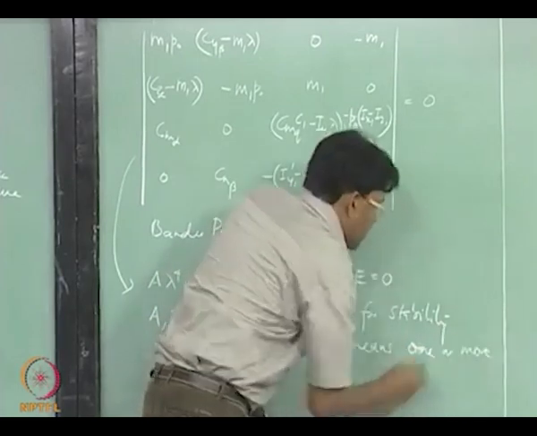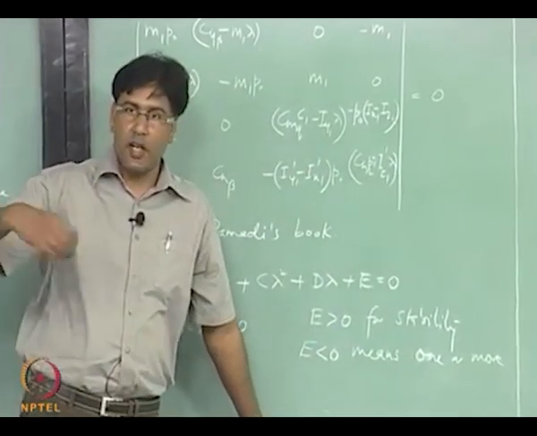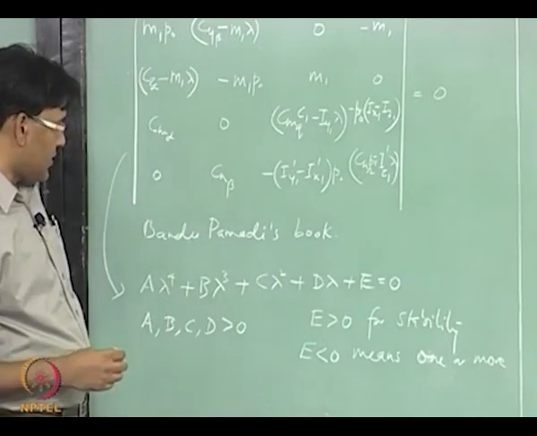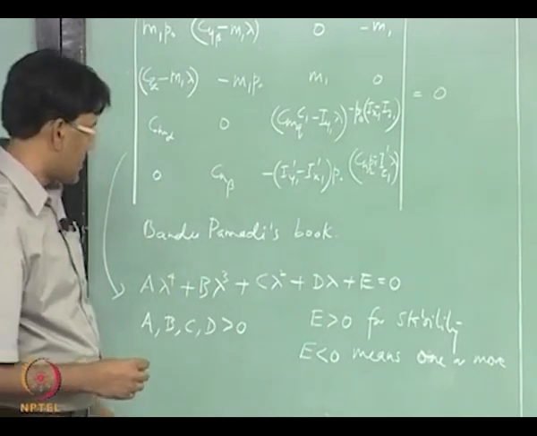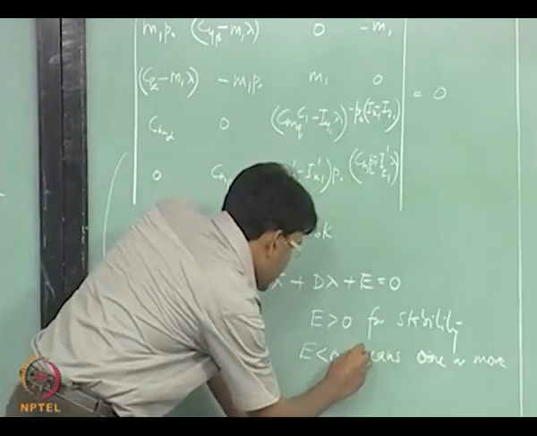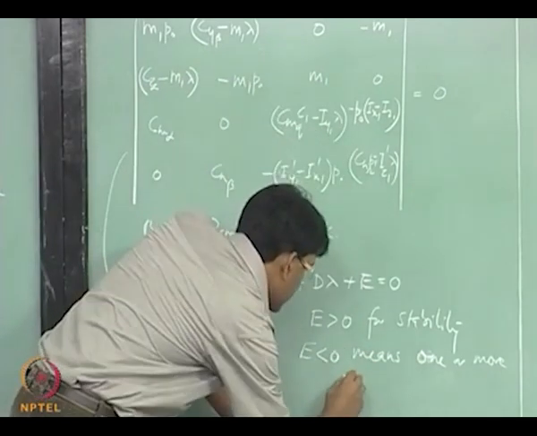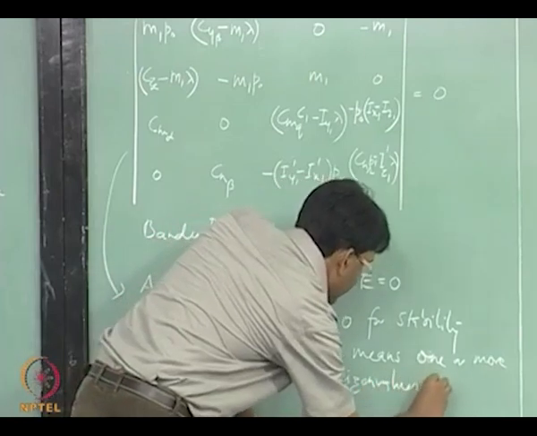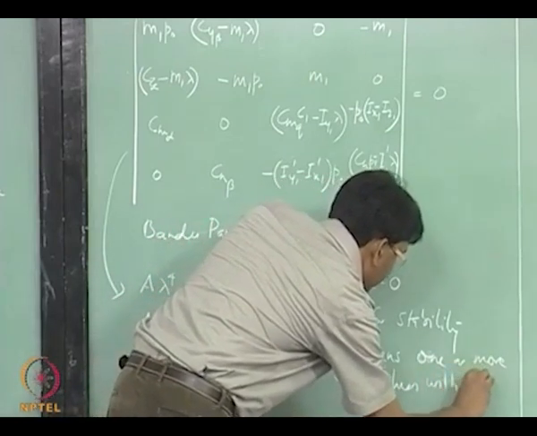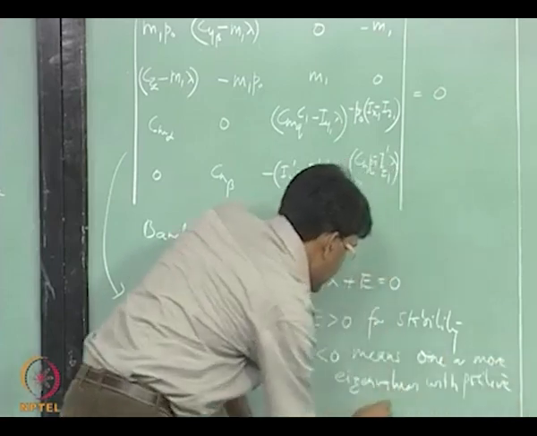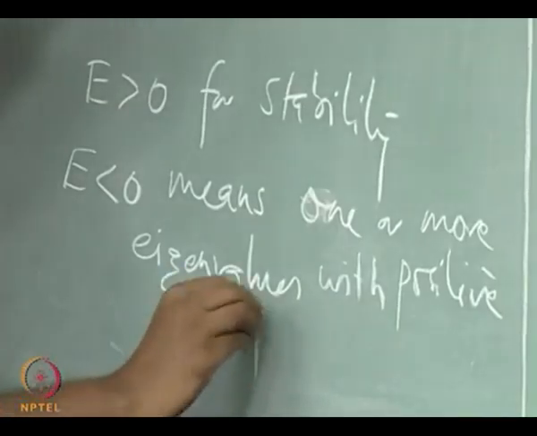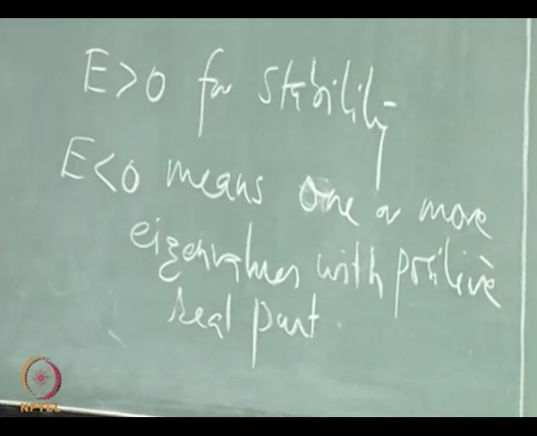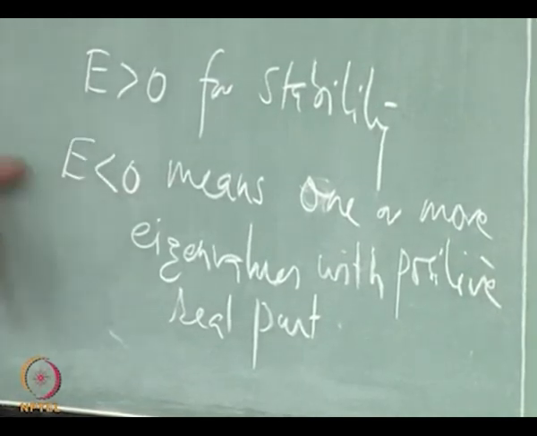But for that you need to also carry out the sufficient condition, creating the Routh's array and then looking at the sign of the elements in the first column of the Routh's table. So, we just need to look at what this E is.